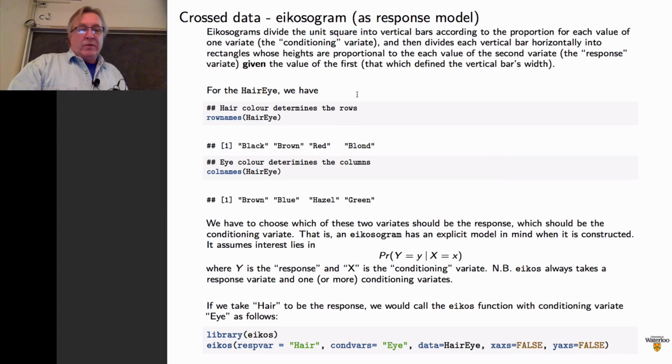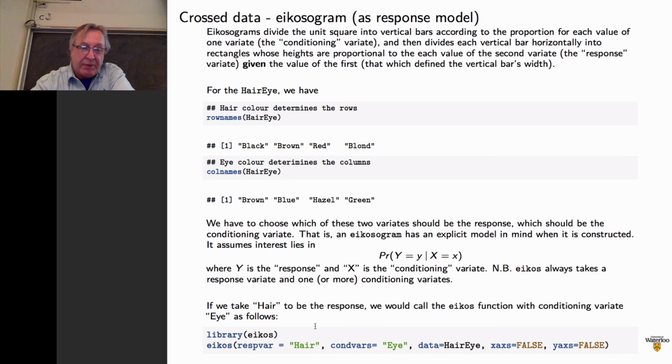So what I have here, for this data set, I know I've got the hair color determination and I've got the eye color determination. I choose one of those variates and imagine that I'm going to look at hair color, explain it as a function of the eye color.